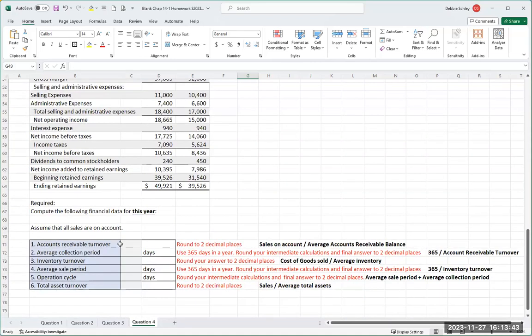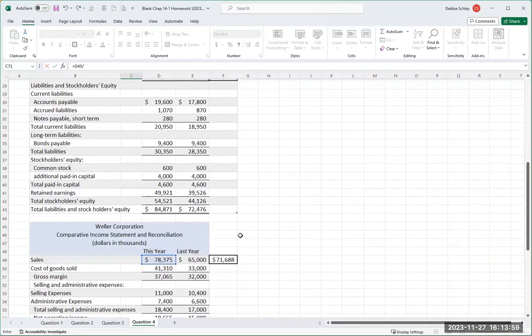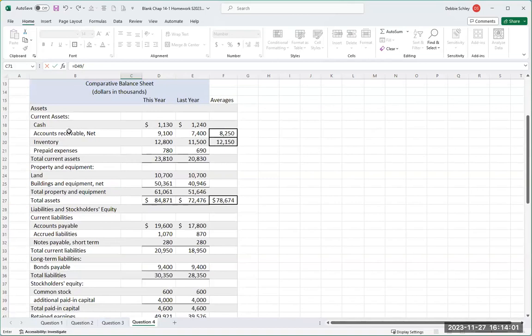So required 1, accounts receivable turnover is sales on account for this year divided by average accounts receivable balance. So we're going to go equals sales on account for this year divided by average accounts receivable.